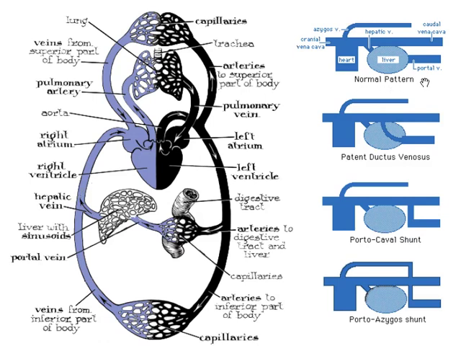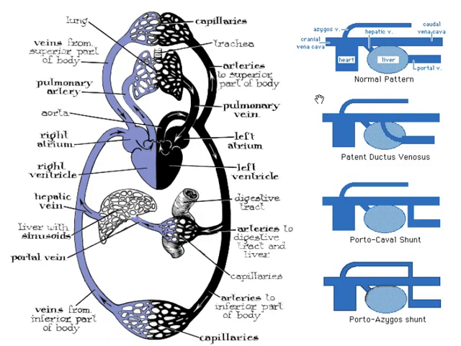At the top here we see the normal pattern diagrammed. All of the portal blood coming from the digestive tract must pass through the liver before it can enter the systemic circulation. Below, we see three versions of portosystemic shunts, where blood is being shunted so it bypasses the liver.